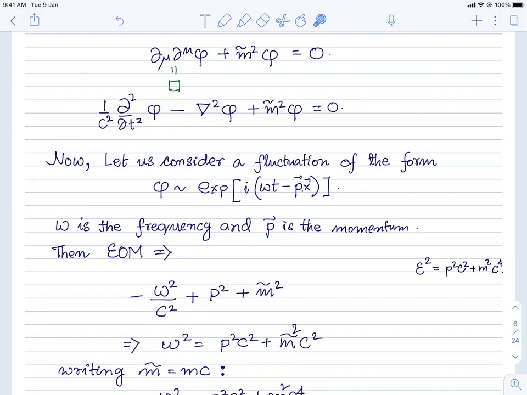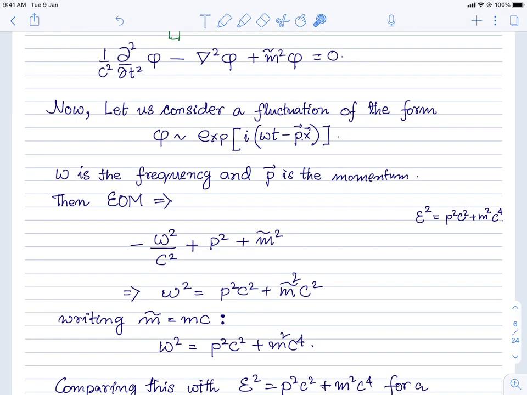Then there's an i p squared, and the i p squared gives me a minus sign, so this sign becomes a plus sign here, and this remains m squared. And we want an equation which tells us that this thing is equal to 0.